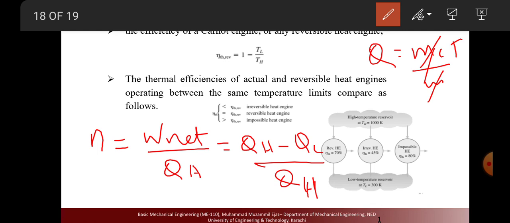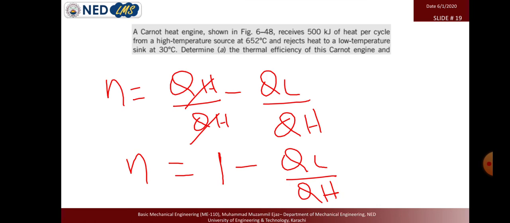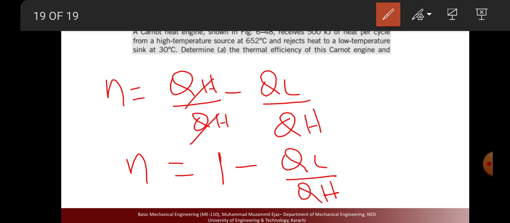So we can directly write 1 minus TL over TH.